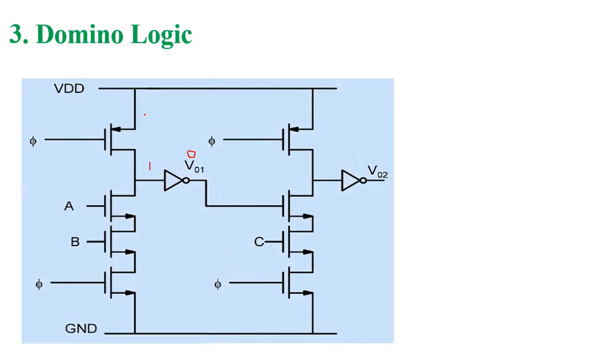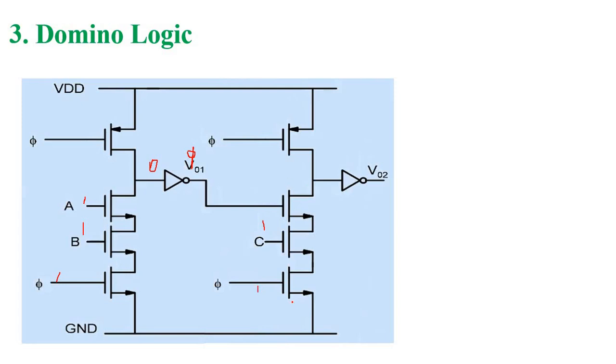So in domino logic, no problem: the cascading problem is eliminated. If we observe this, suppose all inputs are 1. In the evolution phase, this is 1, this is 1 and this is 1.